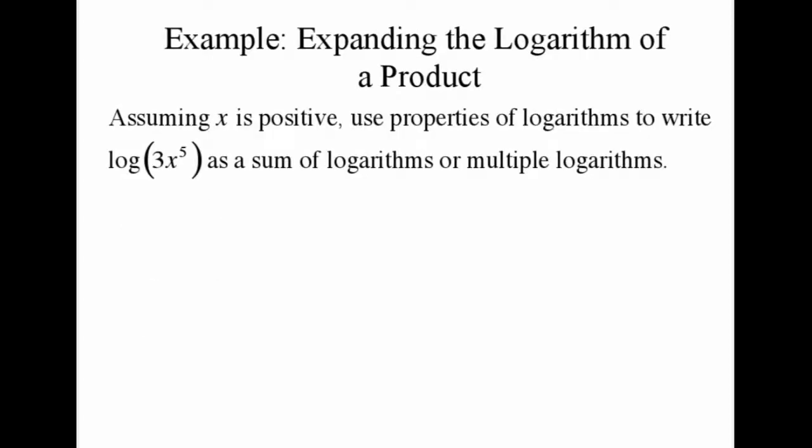So here's an example. Assuming x is positive, use properties of logarithms to write log of the product 3x to the fifth as a sum of logarithms or multiple logarithms. And so we call this expansion. One of the things that we will do with these expressions is we will expand them out.